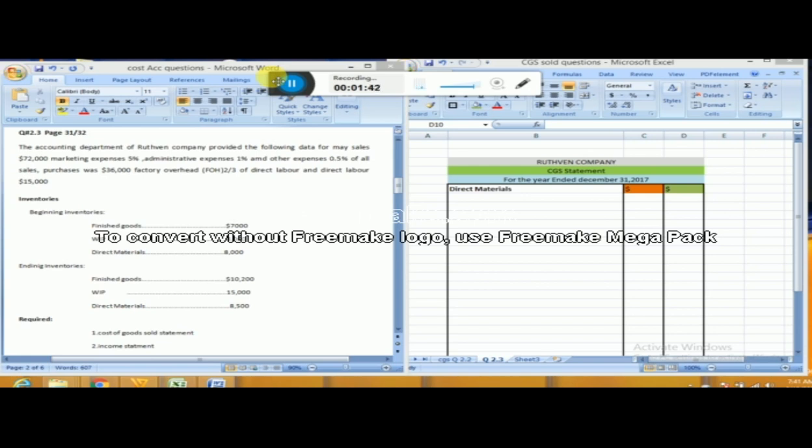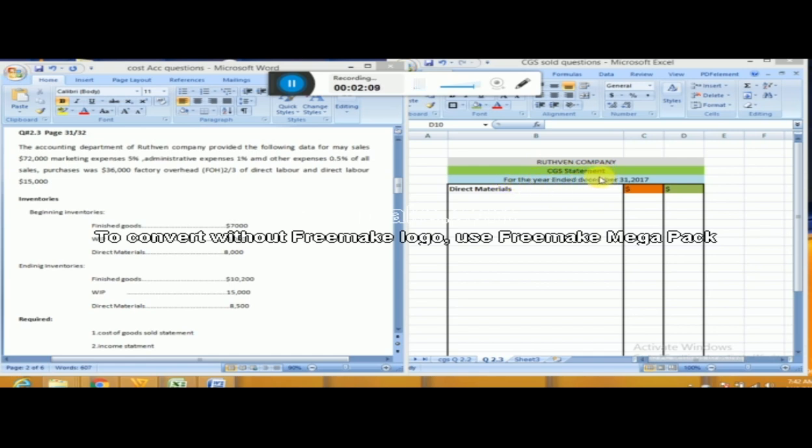Too much simple question. If you remember the CGS statement formats, you can solve this question very easily. First we will write the name of the company, so that is Rudwin Company. Then we will write the statement name, CGS statements, and then the time period.